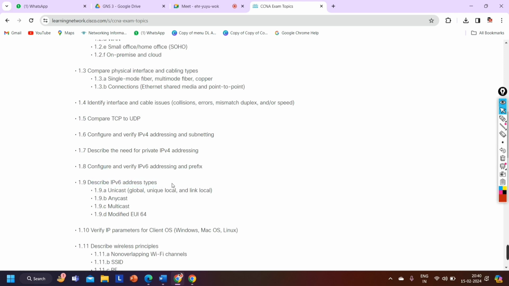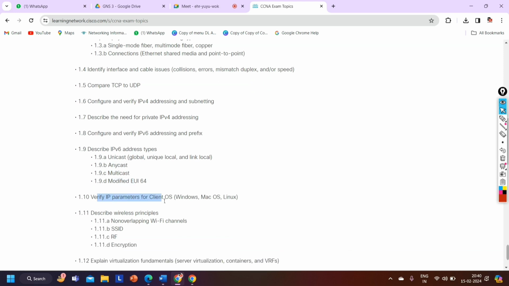Then you need to learn IPv6 address types like unicast, anycast, multicast, and modified EUI-64, extended unique identifier. Verify IP parameters for client operating systems like Windows, Mac OS, and Linux. I am expecting that you already have basic knowledge about these operating systems, like how to configure IP addresses on them.